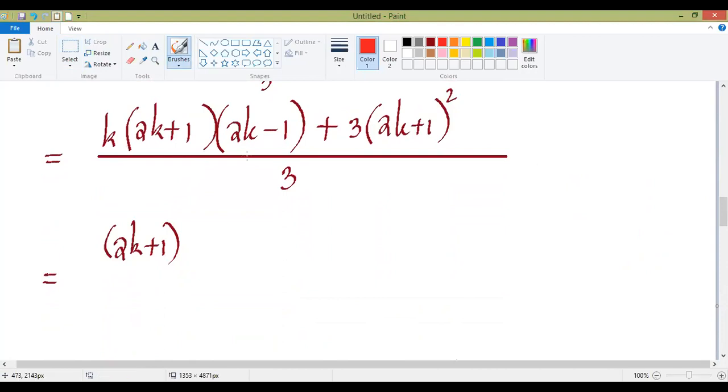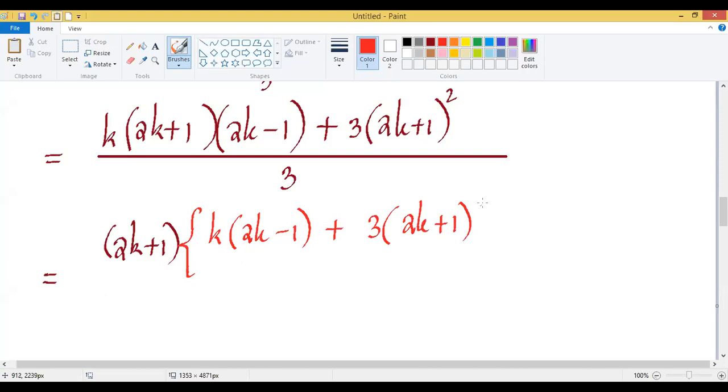When you take out 2k plus 1, inside you will have k into 2k minus 1 plus 3 into 1, and there is a 3 waiting out here.